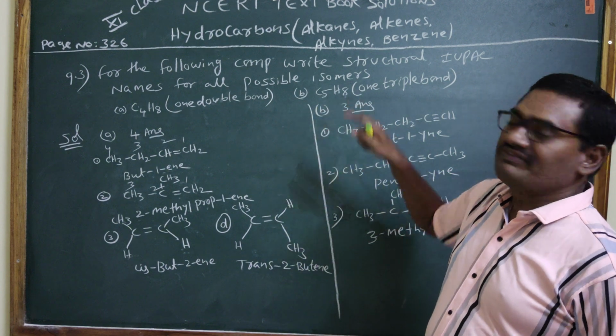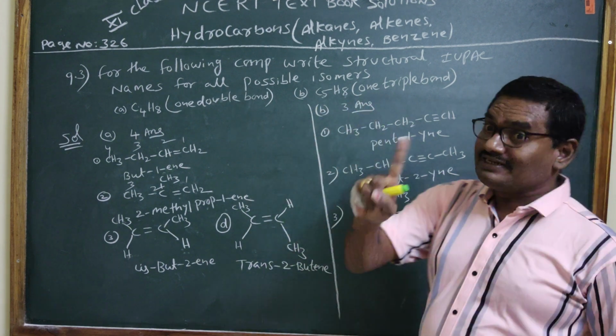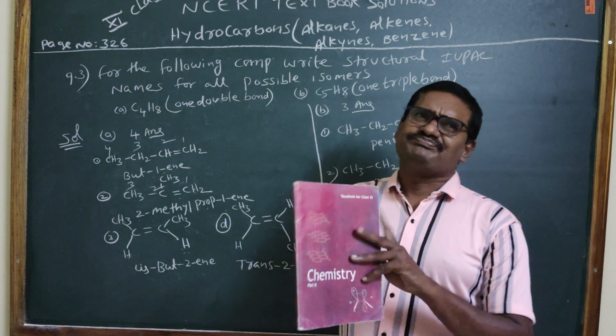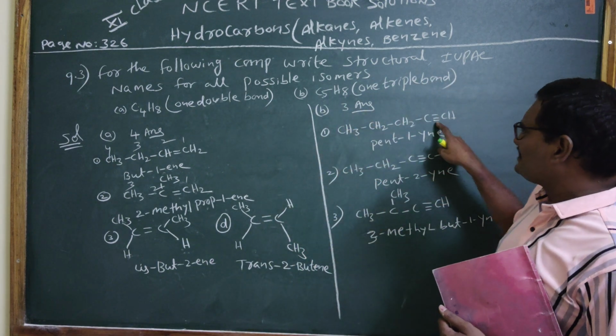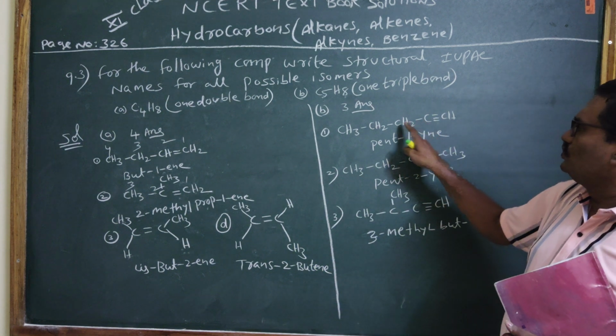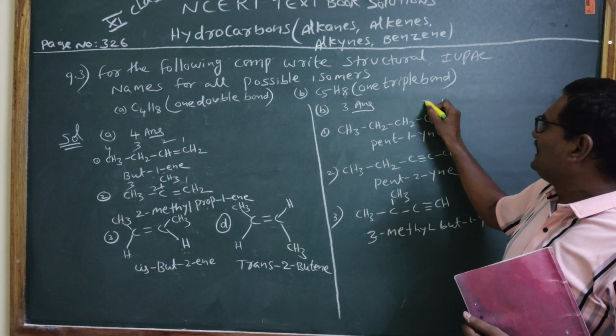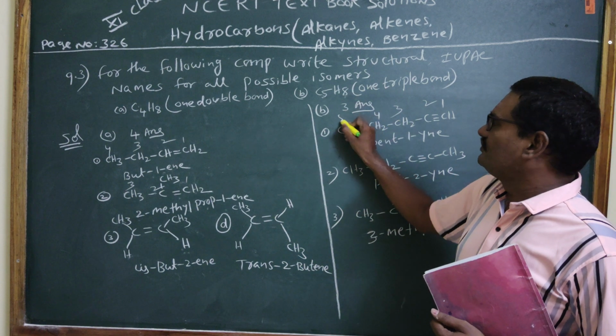Next one, C5H8 with 1 triple bond has 3 structures. Here, first place alkane, 1, 2, 3, 4, 5 carbons; the numbering is given 1, 2, 3, 4, 5.